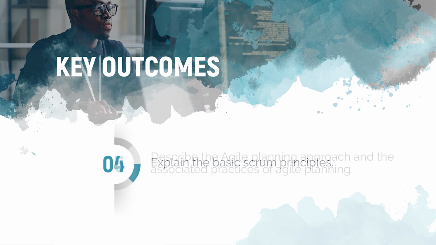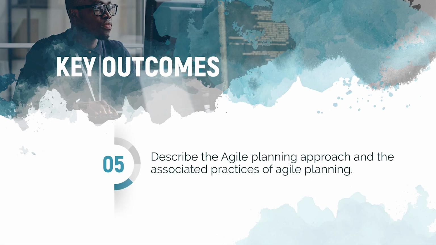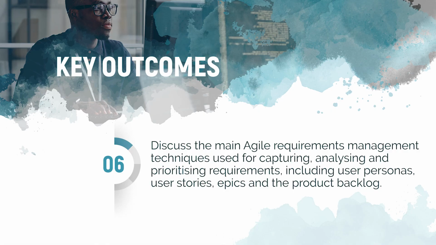Then we're going to get into Agile planning. So we're going to look at the Agile planning approach and some of the associated practices. Then we're going to look at all the different techniques, tools and practices that are used to capture, analyze, and document requirements, such as user stories, user personas, epics, and the product backlog.